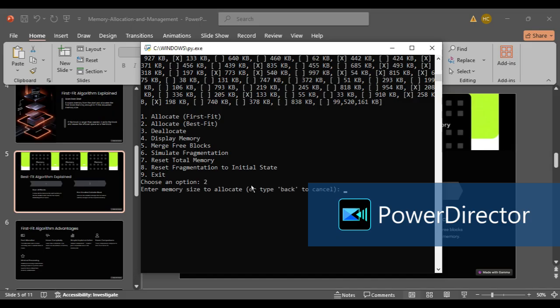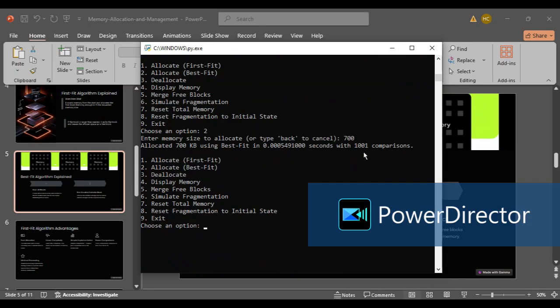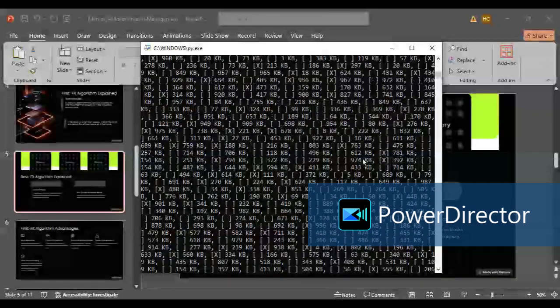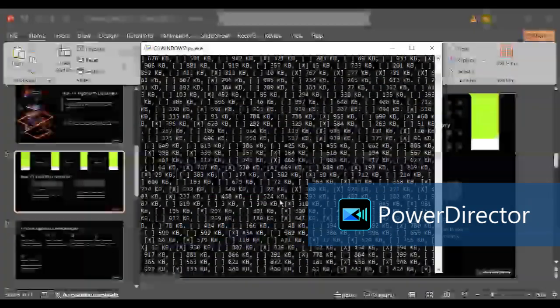The best fit will allocate the same 700. We see here it says it allocated 700 kilobytes using the best fit in this many seconds with 1001 comparisons. What this 1001 comparisons means is that we have 1001 blocks here.